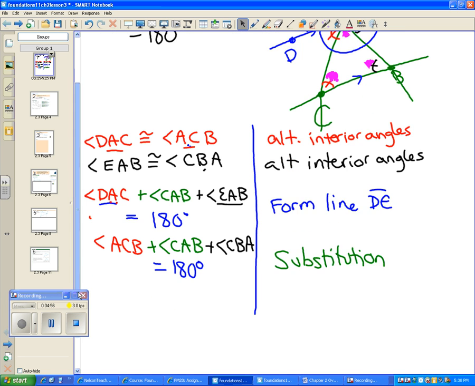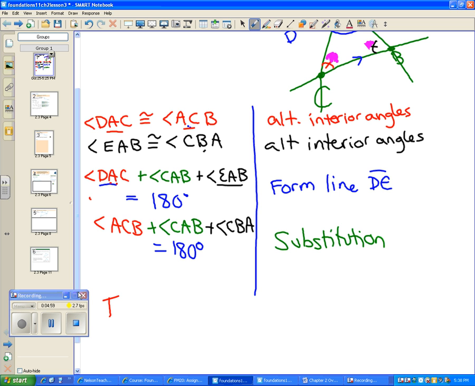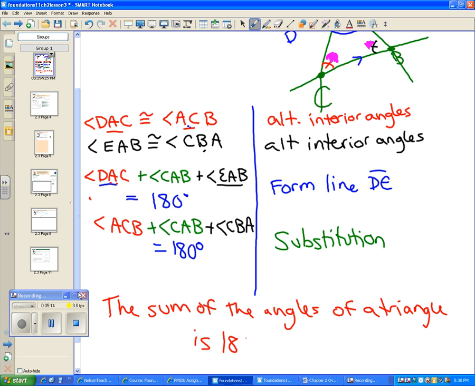I proved that the sum of the angles of a triangle is 180 degrees. And this is an important proof that may come up again.